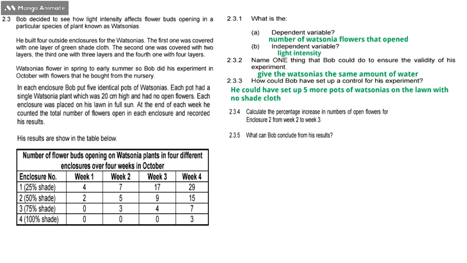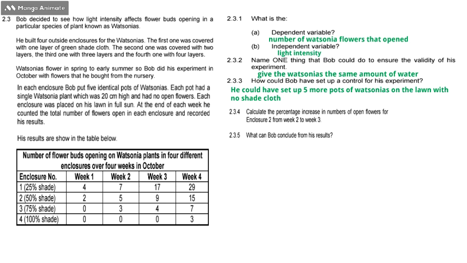Okay, we come to question 2.34. Calculate the percentage increase in number of open flowers for enclosure 2 from week 2 to week 3. So basically we can go back to the same table.